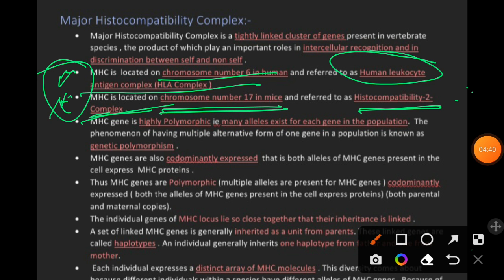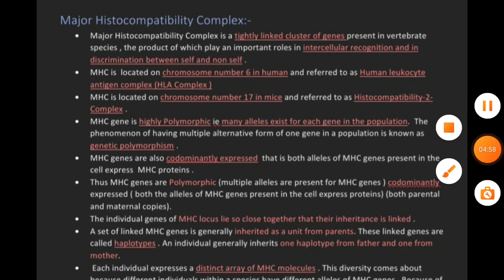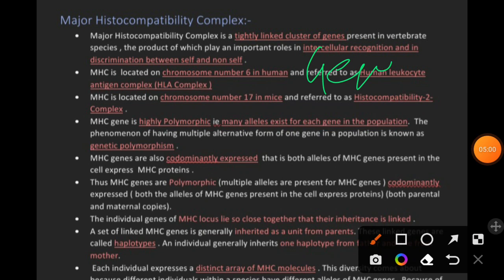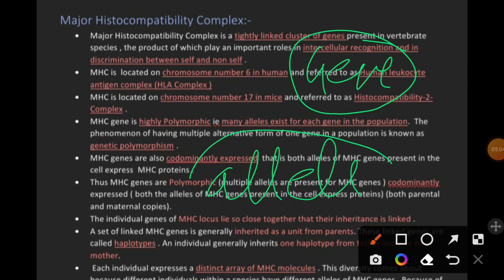Now there are some important characteristics of MHC genes that we need to know. First of all, MHC genes are highly polymorphic. What is the meaning of the term highly polymorphic? I think you may know the difference between alleles and genes.